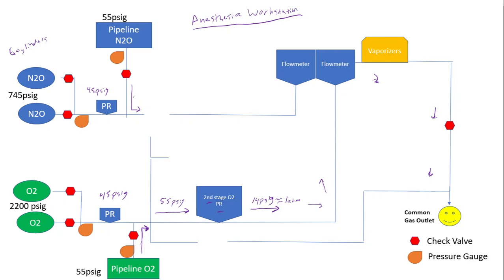As the gas begins to reach the final portion before the patient, we have to have a way of controlling how much of that fresh gas flow we want to give. So we need some flow meters, which are located right over here, that allow us to regulate the amount of nitrous and oxygen that we give to our patient in liters per minute.